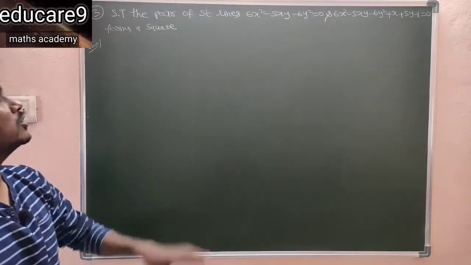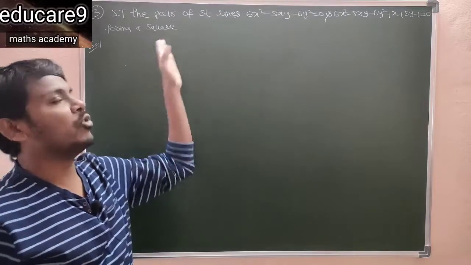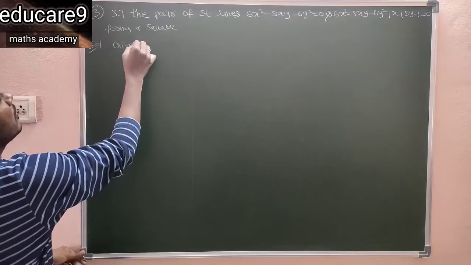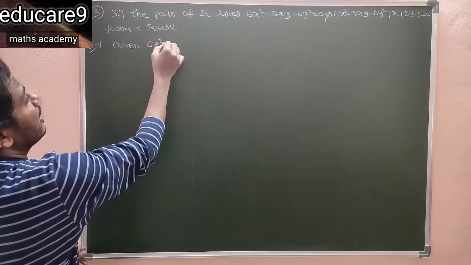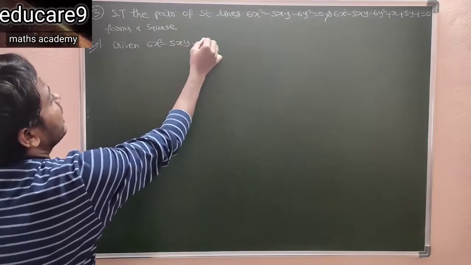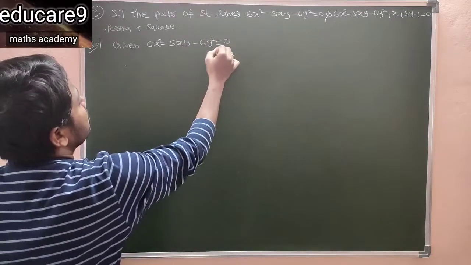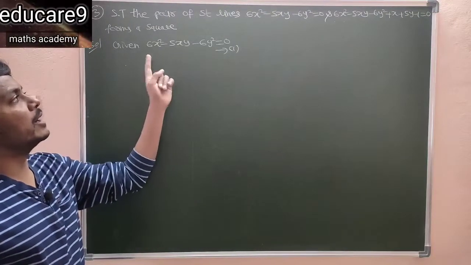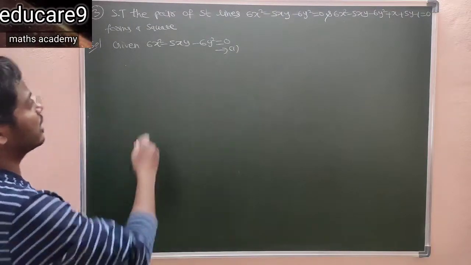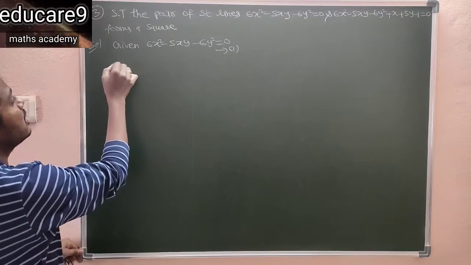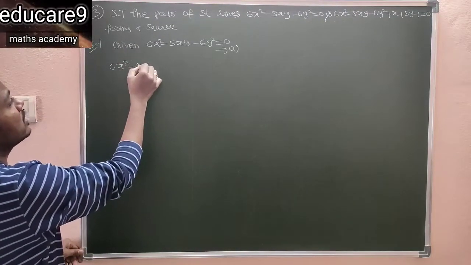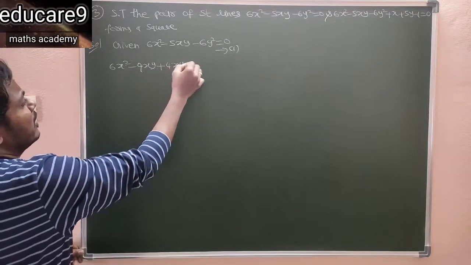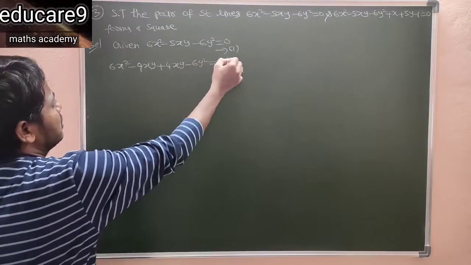So see here, next one, show that the pair of straight lines forms a square. So see here, given 6x square minus 5xy minus 6y square equals 0. This is equation 1. So you need to find the pair of lines. So see here, this can be written as 6x square minus 9xy plus 4xy minus 6y square equals 0.